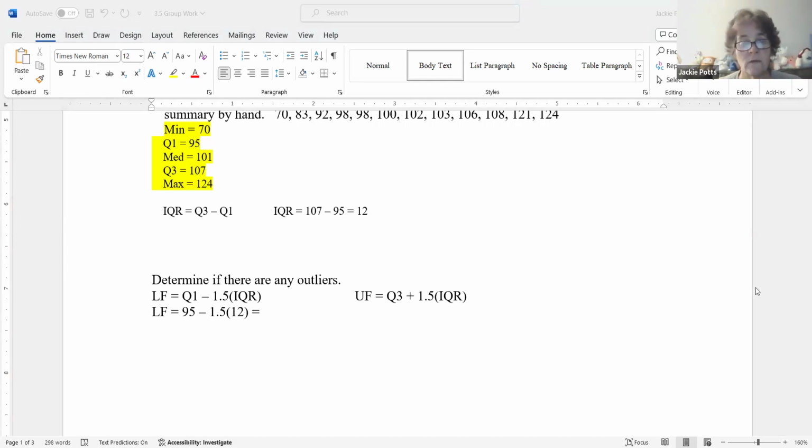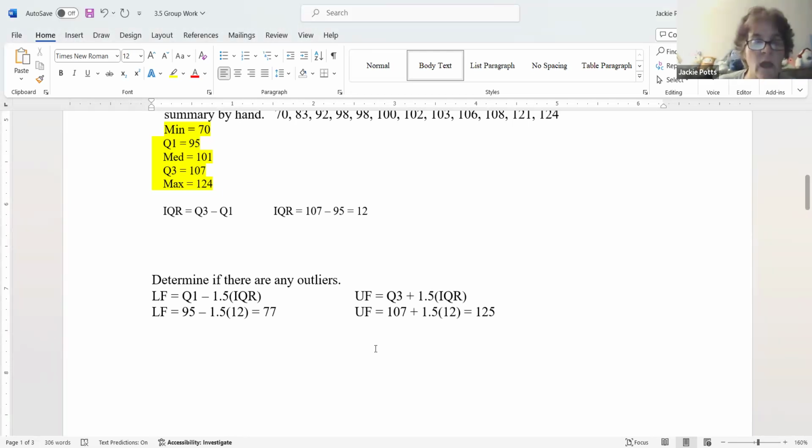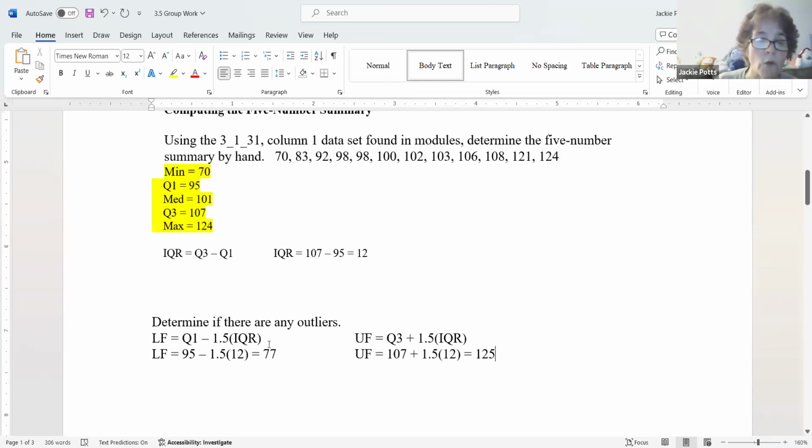So we get 77. 1.5 times 12 is 18, guys. All right. So now for the upper fence. And that's my Q3, 107, plus 1.5 times 12. Again, basically it's 107 plus 18, which should be what, 125? Let me pull the calculator up just to double check myself. Yep, 125.